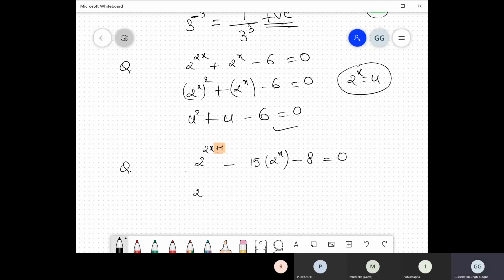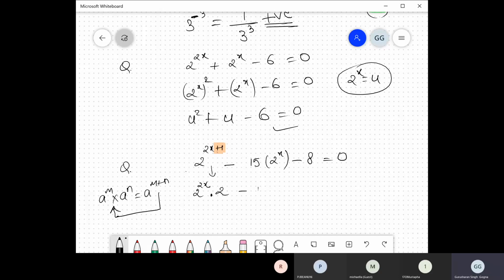I need to break it down as 2 to the power 2x times 2, or you can say 2 to the power 1, isn't it? 2 to the power 1 is 2. So if you put 2 to the power 1 or just write 2, it doesn't matter. It's the same thing. But this is how you can break this using your first law: a to the power m multiplied by a to the power n is equal to a to the power m plus n. So I'm just splitting 2x plus 1 as 2 to the power 2x and 2 to the power 1.